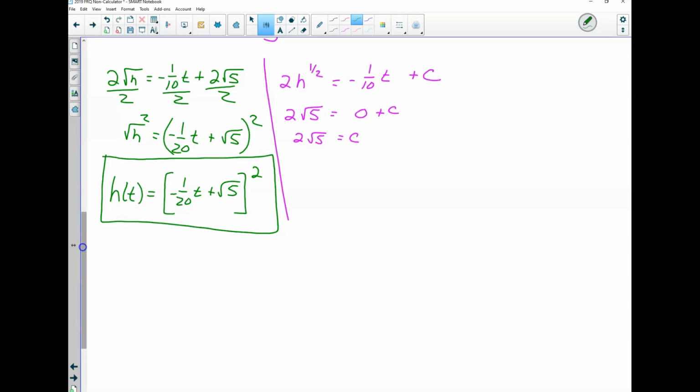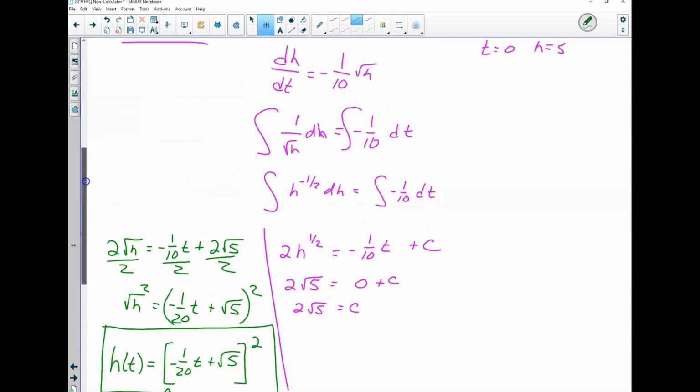4 points. Let me read the grading rubric. 1 for separation of variables. 1 for antiderivative. 1 for constant of integration and it uses the initial condition. And then 1 for your h of t in the end. Then below, note: 0 out of 4 if no separation of variables.